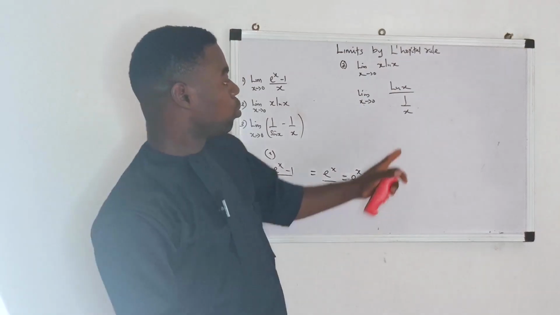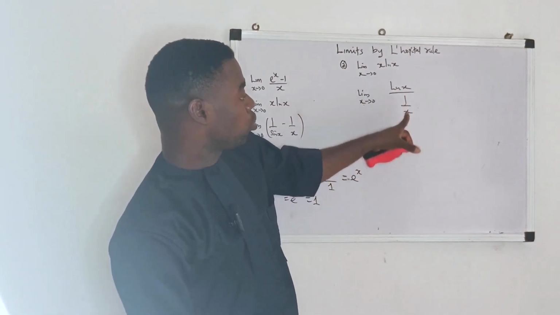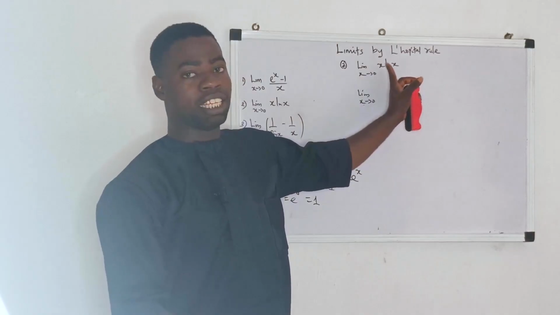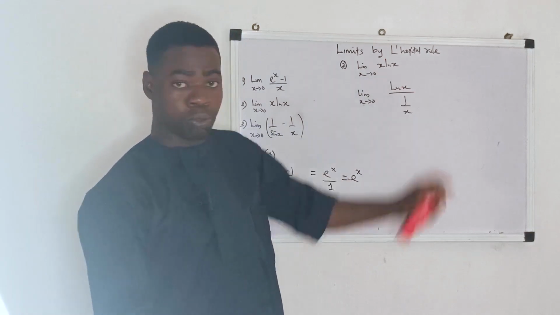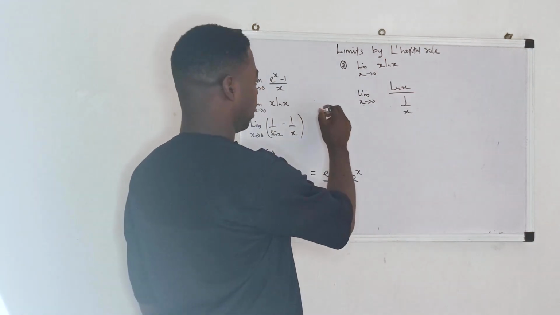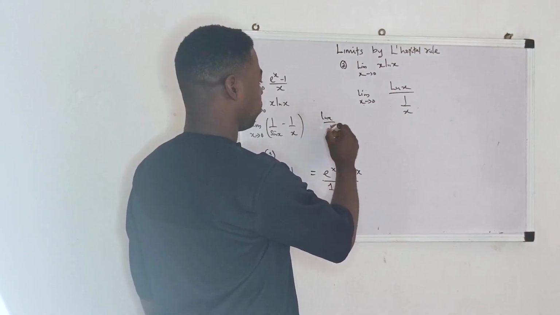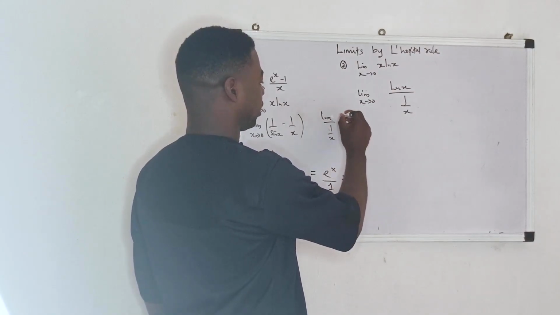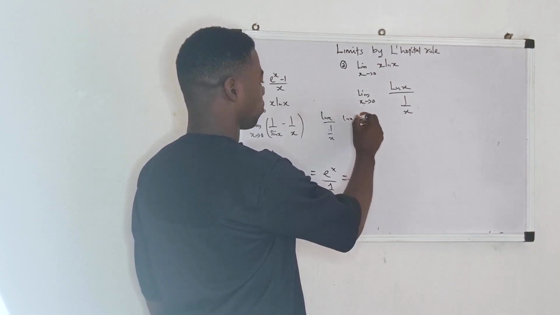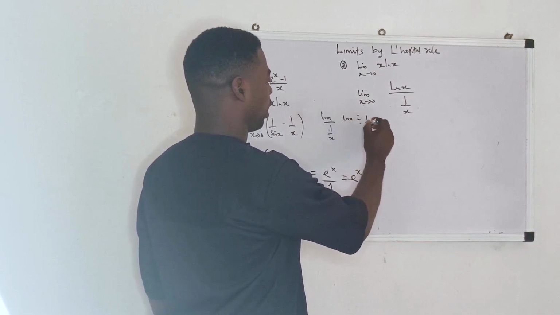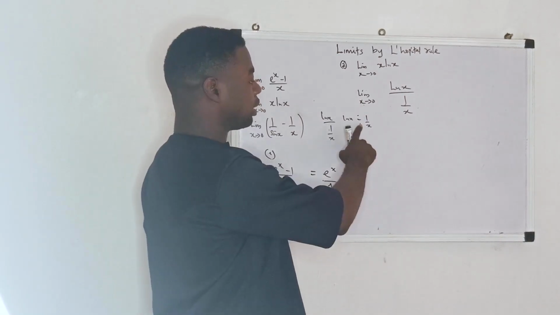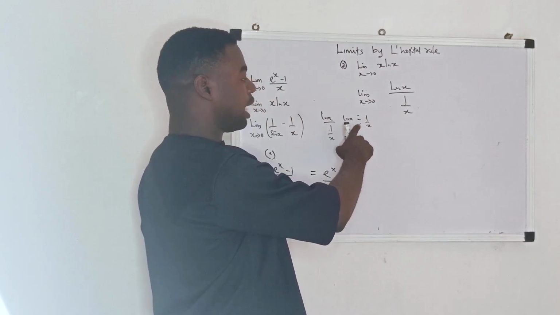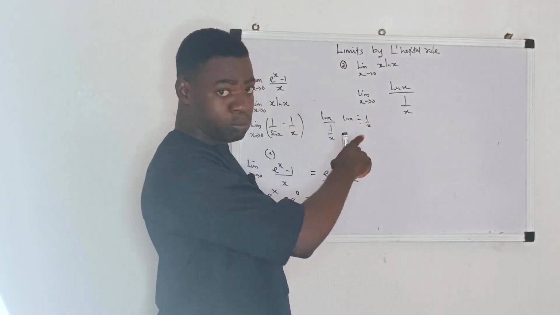Of course, you know that if you want to simplify this, you get x ln x, just as your original function. How are you supposed to go about that? You have ln x divided by 1 over x. Using your simple rule, you can invert the 1 over x and change the sign of division to multiplication.